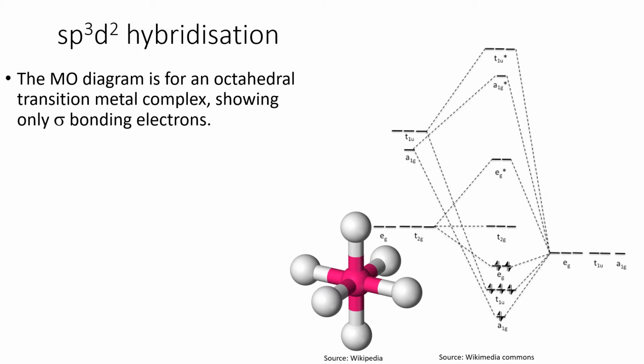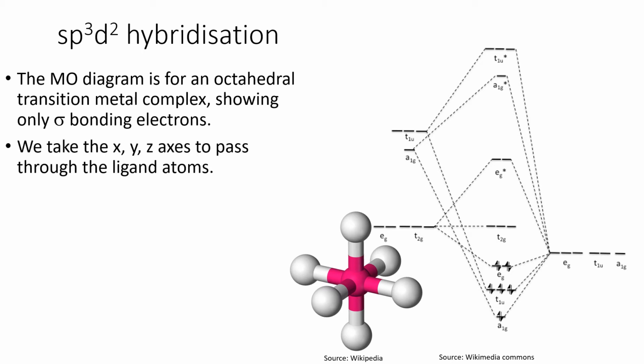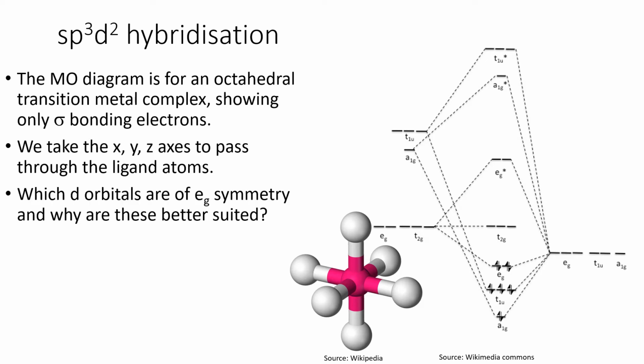Right, so just working through a few of these points here. One thing that's quite important to bear in mind is the way we define the complex is that our Cartesian x, y and z axes, we're defining them to go through the ligand atoms themselves. So that's just the definition we follow.